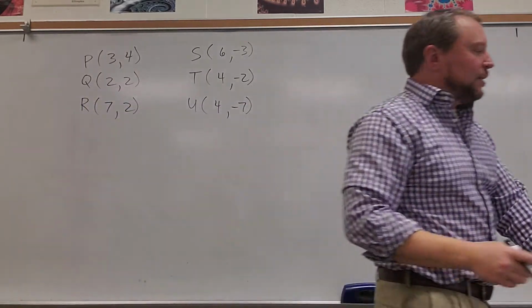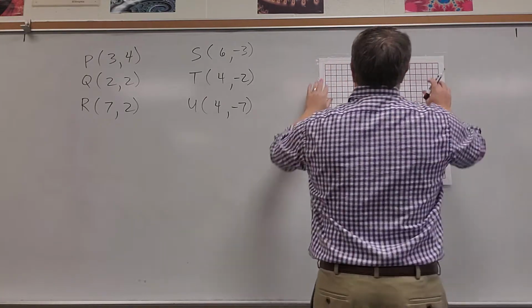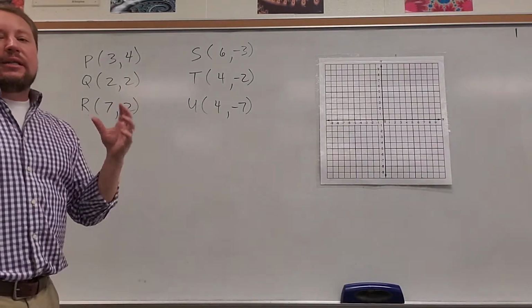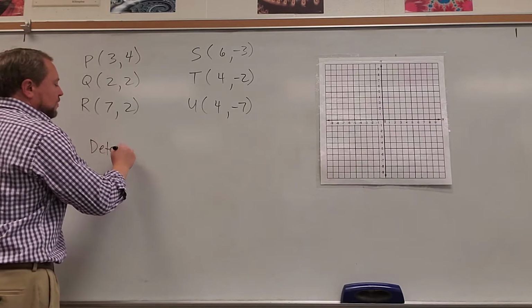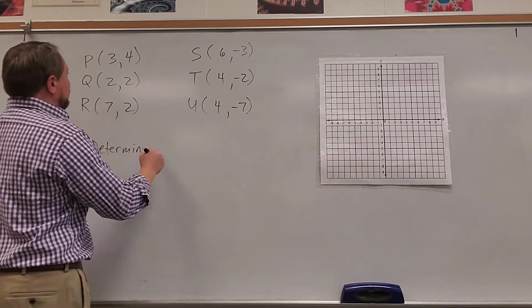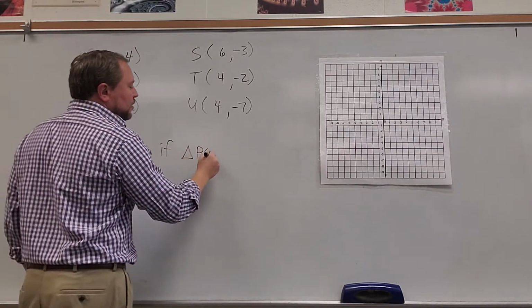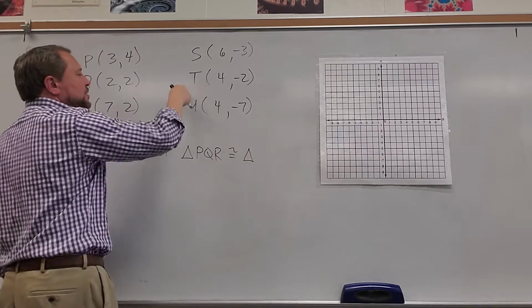Okay, so if we take these and plot them out, you're going to see that these make some triangles. And the idea here is to determine if triangle PQR is in fact congruent to triangle STU.